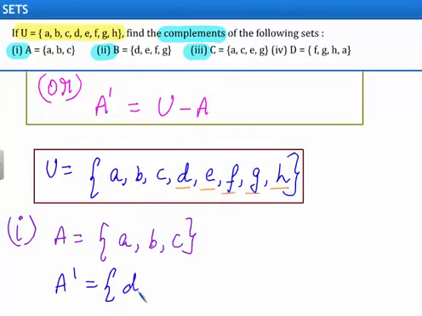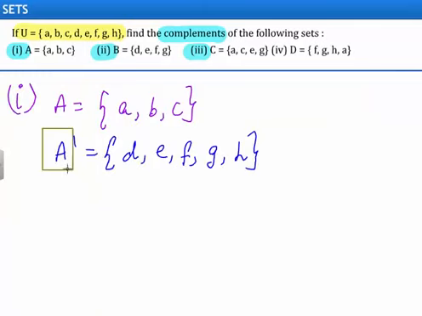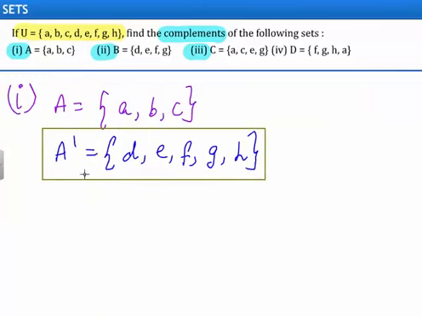So we have D, E, F, G, H. So this is complement of A.